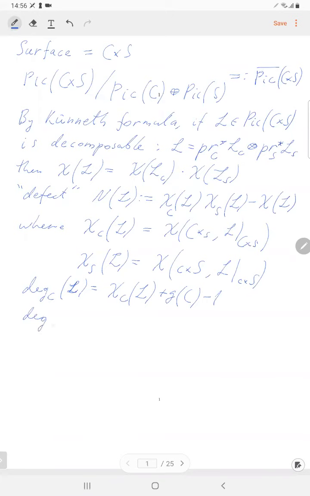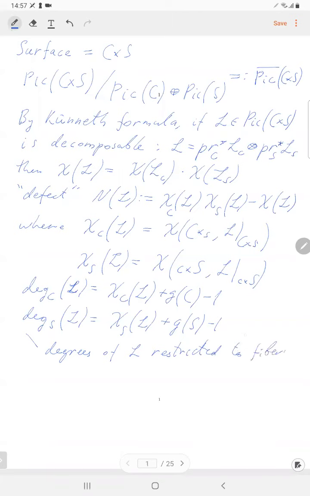Similarly, the degree along S is the Euler characteristic along S plus the genus of S minus 1. And those are degrees of L restricted to fibers, I mean to vertical fibers or to horizontal fibers.